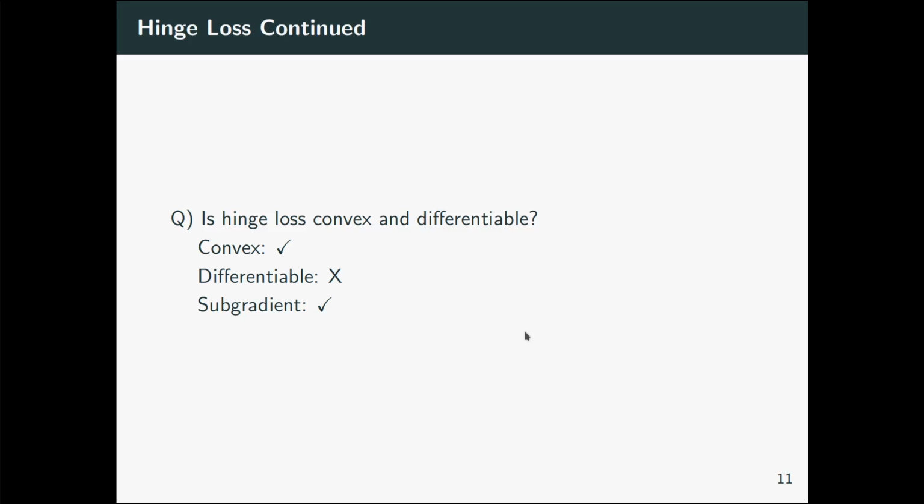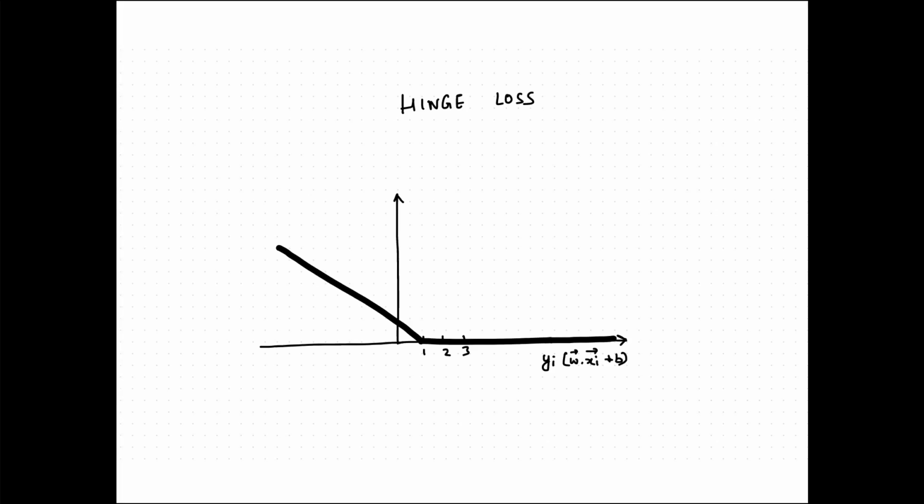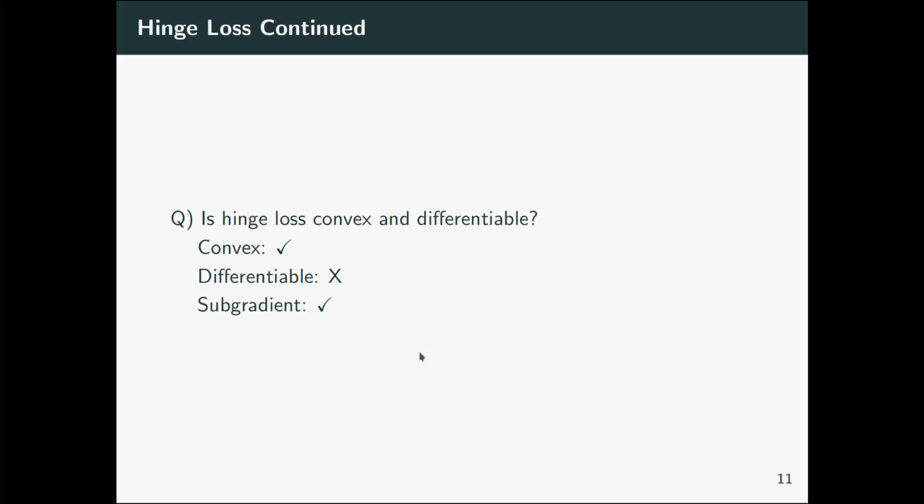But the hinge loss is not differentiable, specifically because of the discontinuity that occurs at yi times (w xi plus b) equal to 1, and we could still compute the subgradient as we did for the case of lasso. So that's how you could still easily solve SVM using the standard optimization framework.